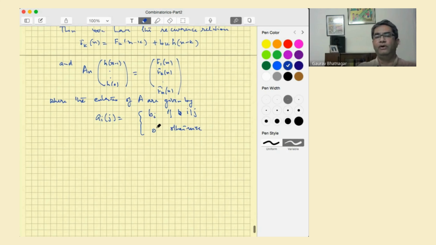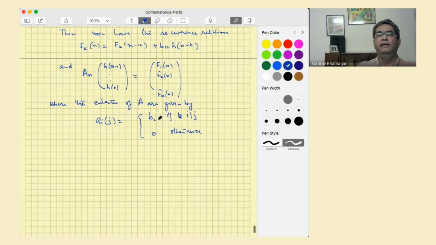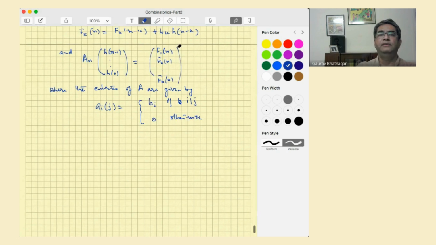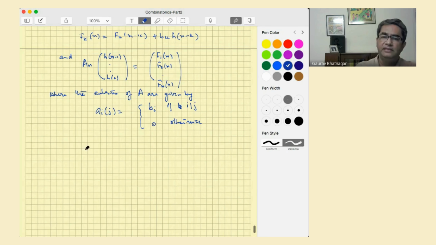So earlier it was 1 when b_i was 1 for partitions, and this was P, and now we just replace it by P. So this follows straight from here, the matrix. Further, as usual, nh_n is equal to the summation of k f_k.